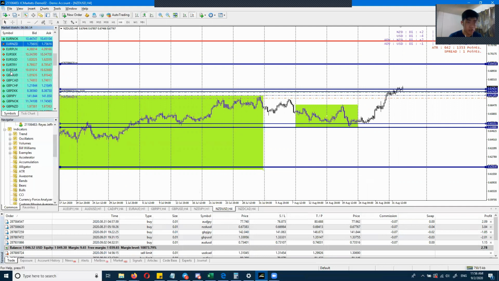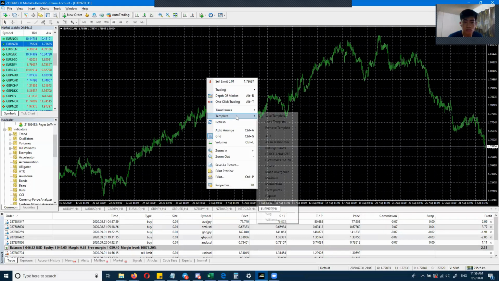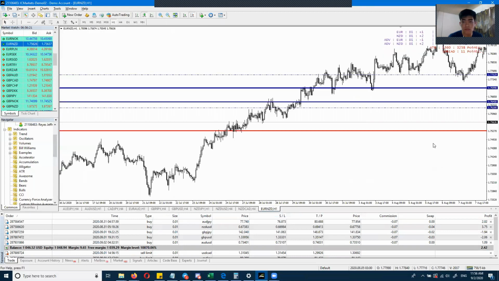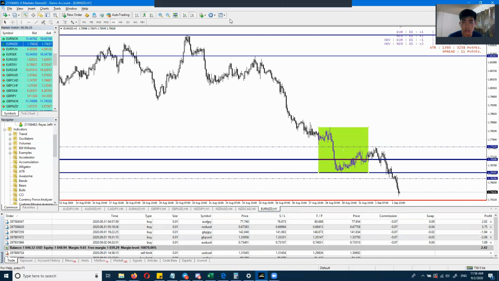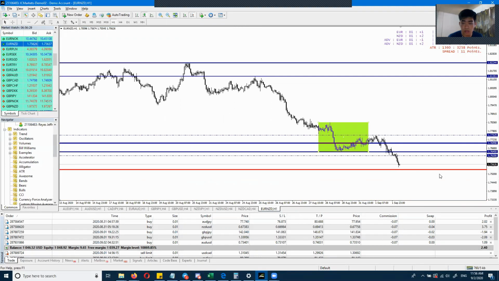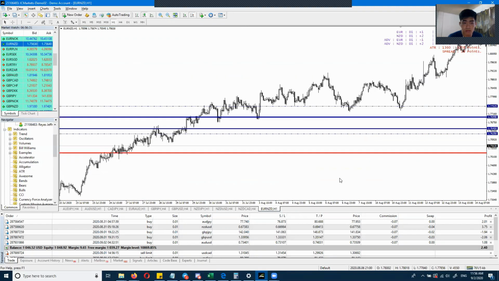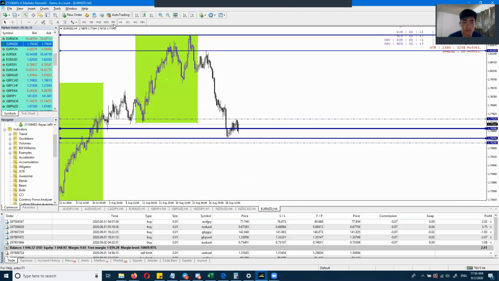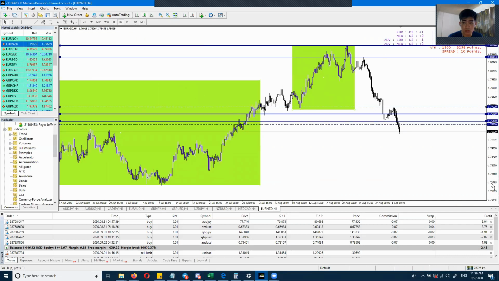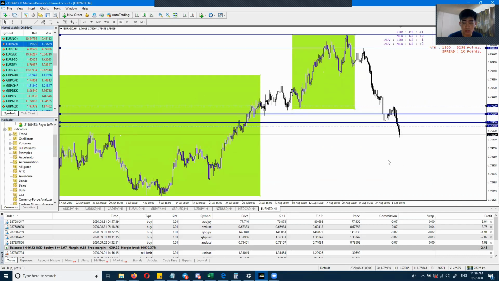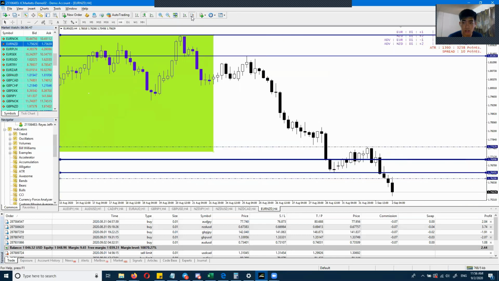Euro NZD. So this is a sell. So sell siya, so possible pullback is ito.